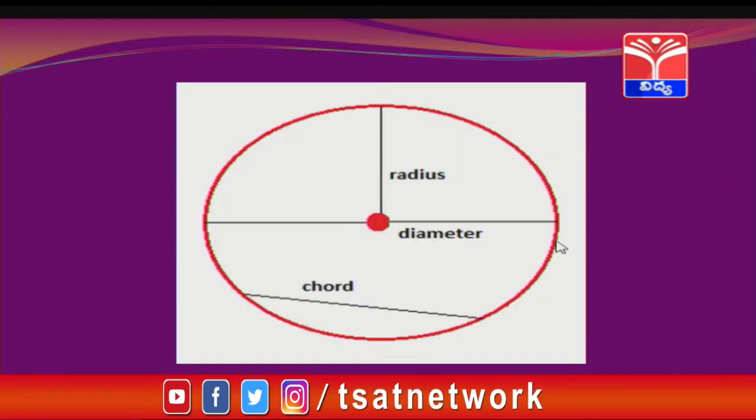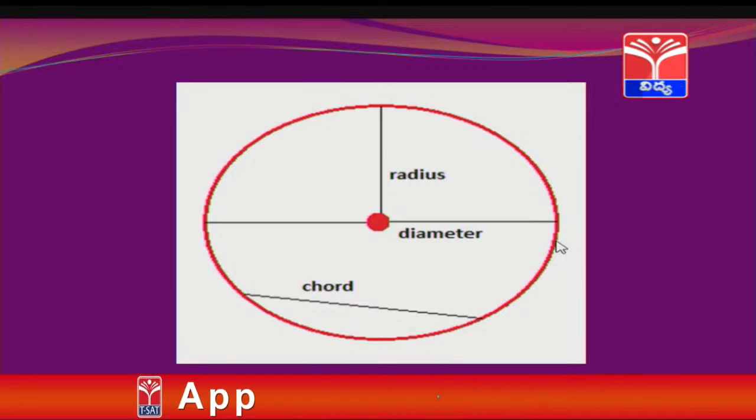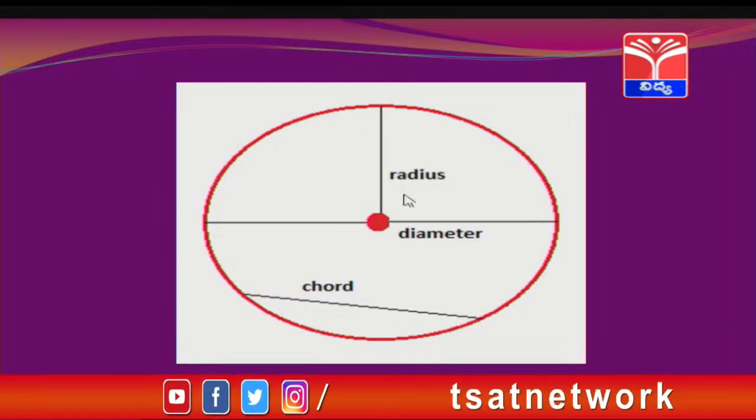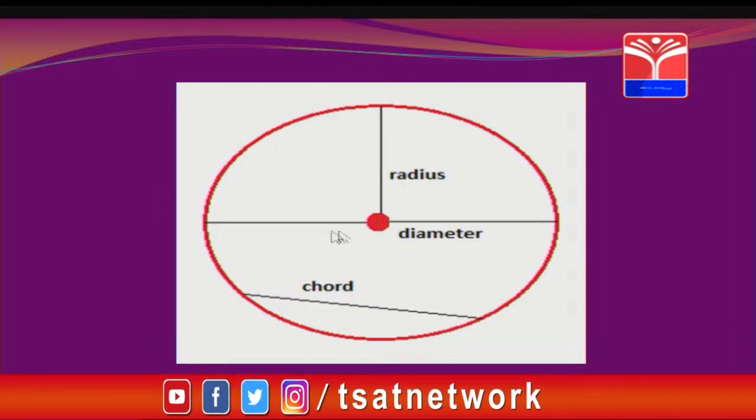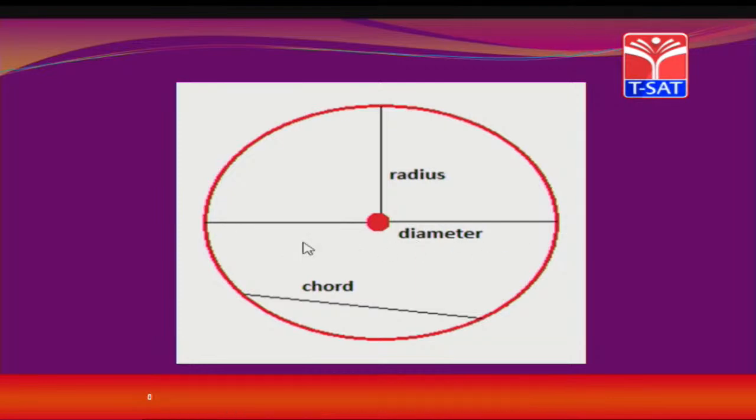Just recollect. Now, let us recollect the parts of a circle. Radius, diameter. What do you mean by radius? Radius is the distance between a point on the circle and the center. And diameter is the chord which passes through the center.